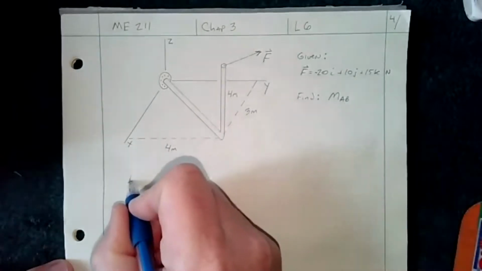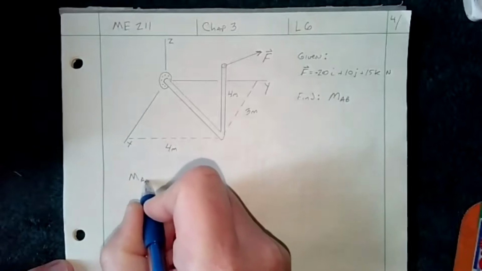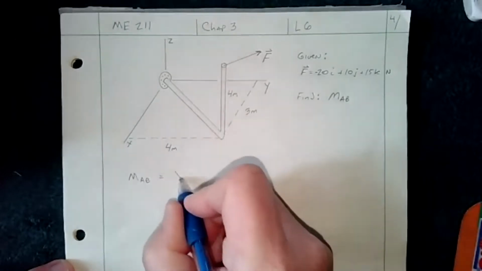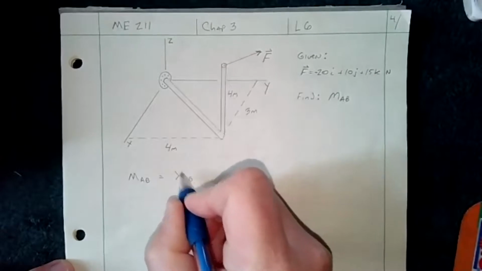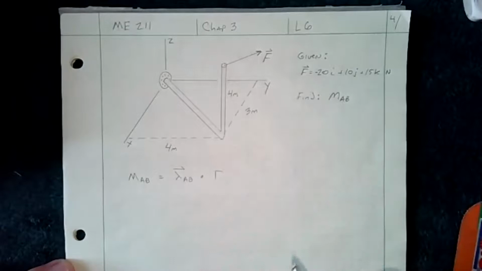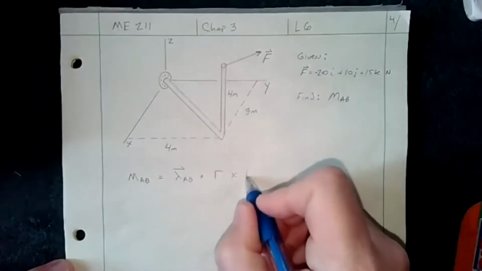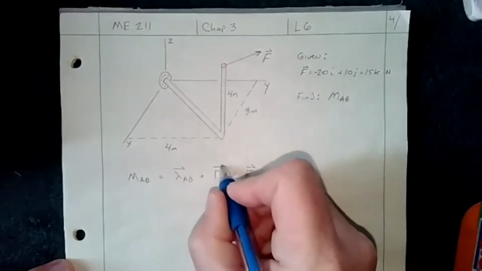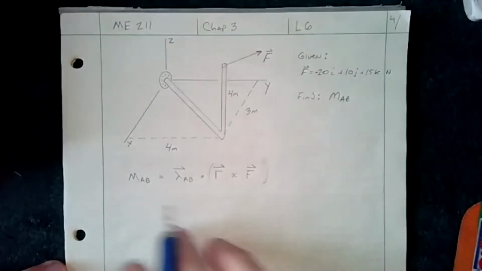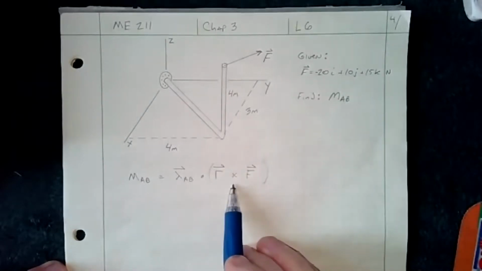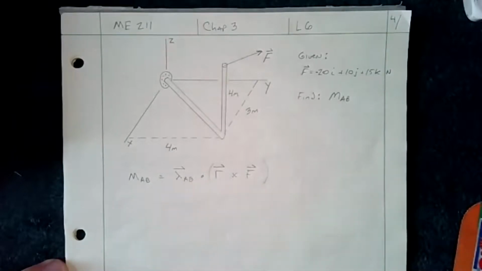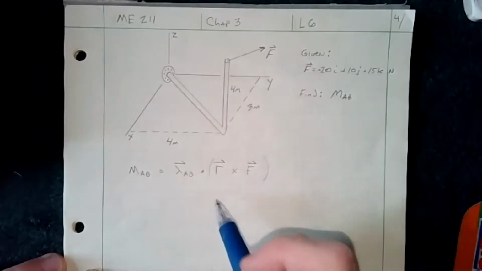So I know that my moment about AB is equal to lambda AB dot R cross F. That's my general equation, and this is no different. This is a vector dotted with that vector to get the scalar, just like before. So what is our R?